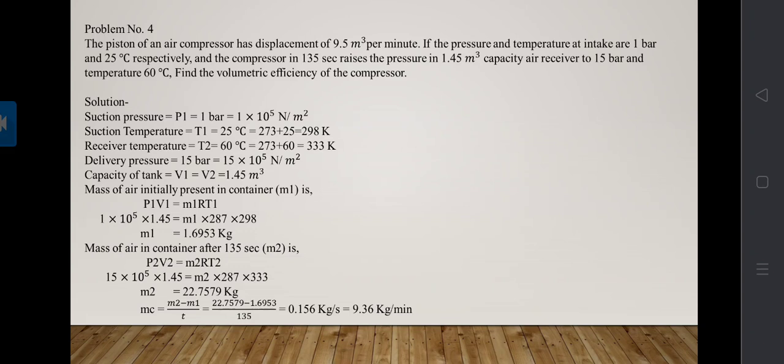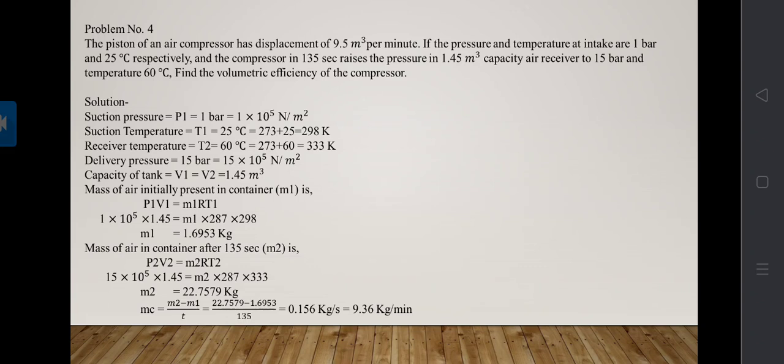So firstly we calculate the mass of air initially present in the container, that is M1. Okay, so we use the relation P1 V1 is equal to M1 R T1 because we calculate the initially present mass.